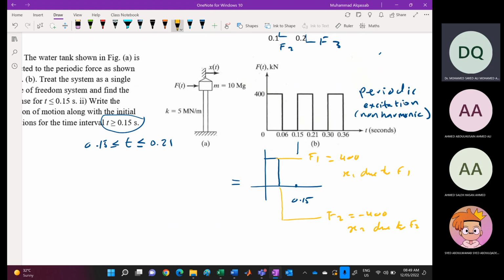Actual response will be x1 for t less than 0.06, and x1 plus x2 for t less than or equal to 0.15. And we cannot use that solution for time greater than 0.15. The second part of the question is to put the equation of motion.